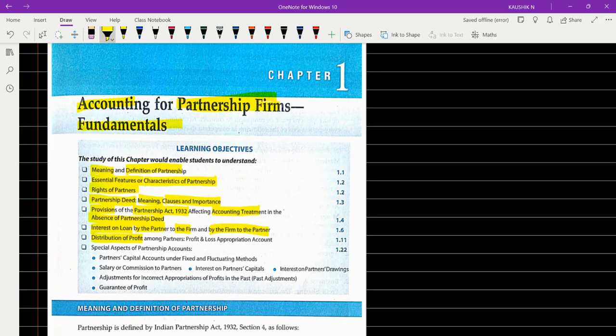Initially you may treat everyone as equal whether they have provided capital to the business or not. But later you feel that some changes should be there, and something should be given in return to those partners who have provided more capital. As a result, you will change your profit sharing ratio, and as the profit sharing ratio changes, we have to look into how to distribute the earned profits.